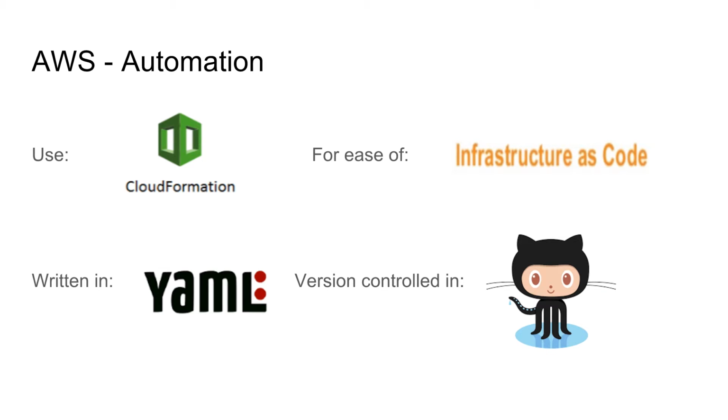So all this stuff is on Amazon. We hate to do manual clicks to launch servers and add them to Rancher. We used CloudFormation, for the ease of keeping infrastructure as code, and everything is written in YAML and version controlled in GitHub.